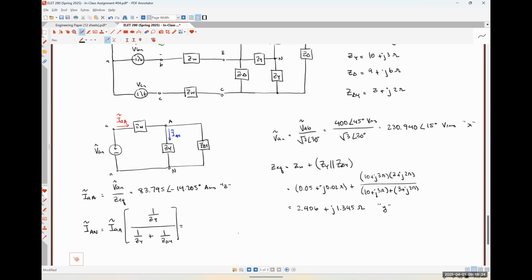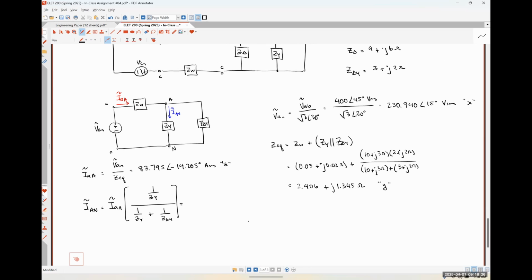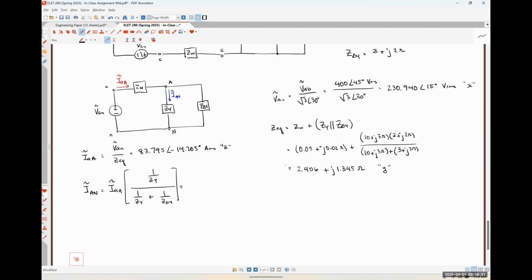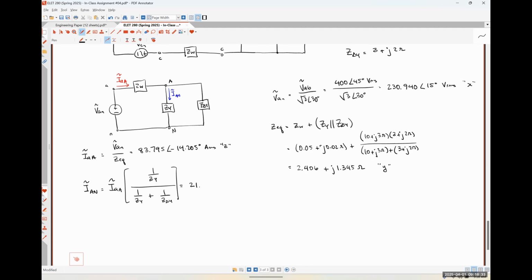Both parallel paths are in my denominator. So that seems legit to me. And I got 21.692, with an angle of negative 1.552 degrees amps RMS. And I'm going to save this in my calculator as T in case I need it later.